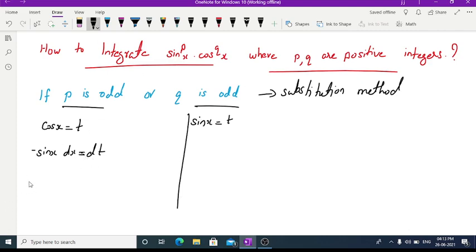Now, integral sin raised to px into cos raised to qx dx is equal to, here p is odd, so we write p is equal to 2k plus 1. So this is equal to integral sin raised to 2k plus 1 x into cos raised to qx dx.